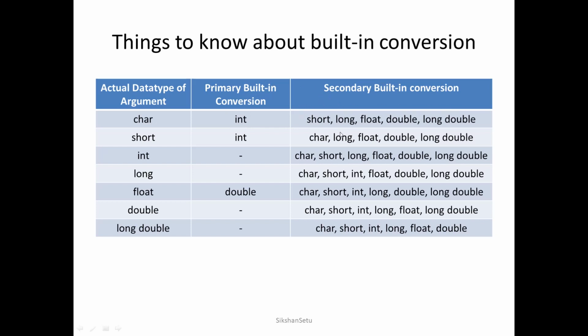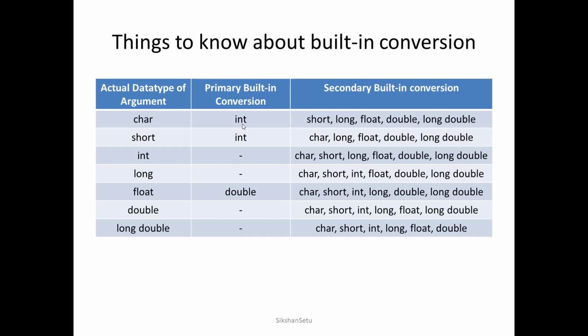Now the important term is "any of this". So if you have character, it will exactly check for the character argument. But if you don't have a character argument, then the compiler will try to find a function with an integer argument. And if an integer argument exists, then that particular function call will be bound with the definition of the integer argument.